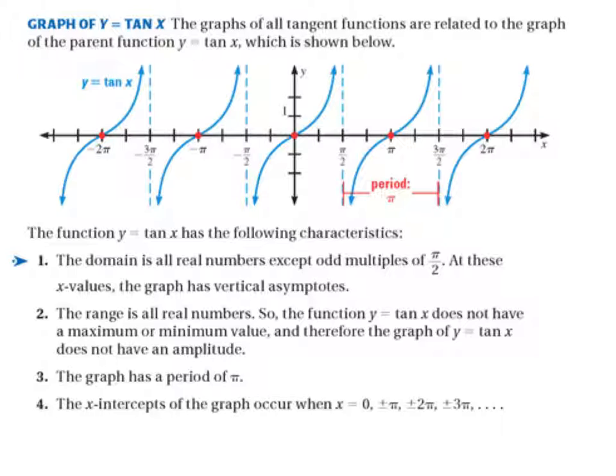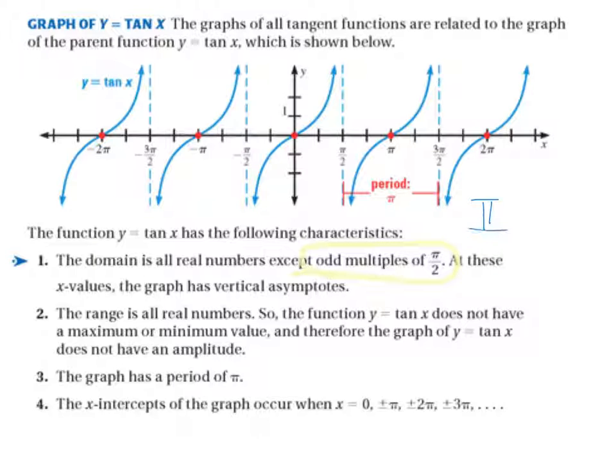The domain is all real numbers, except odd multiples of pi over 2. Odd multiples, so that'd be 1 pi over 2, 3 pi over 2, etc. So the domain is all real numbers except odd multiples of pi over 2.